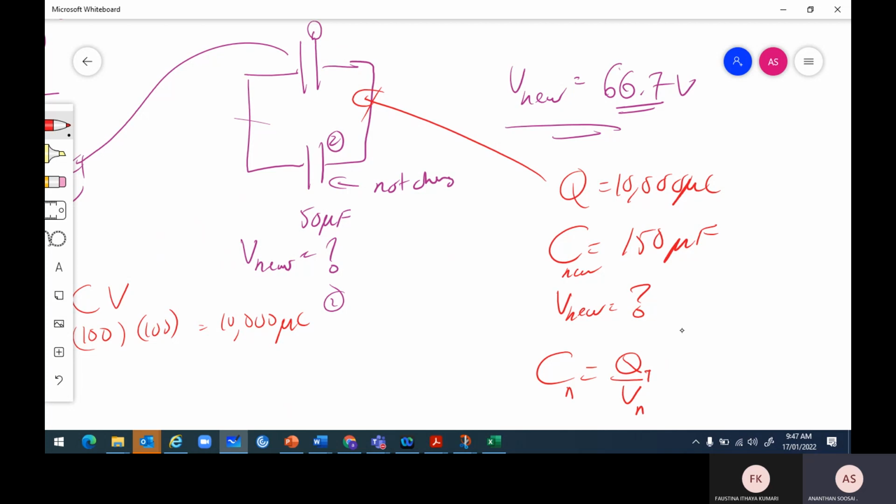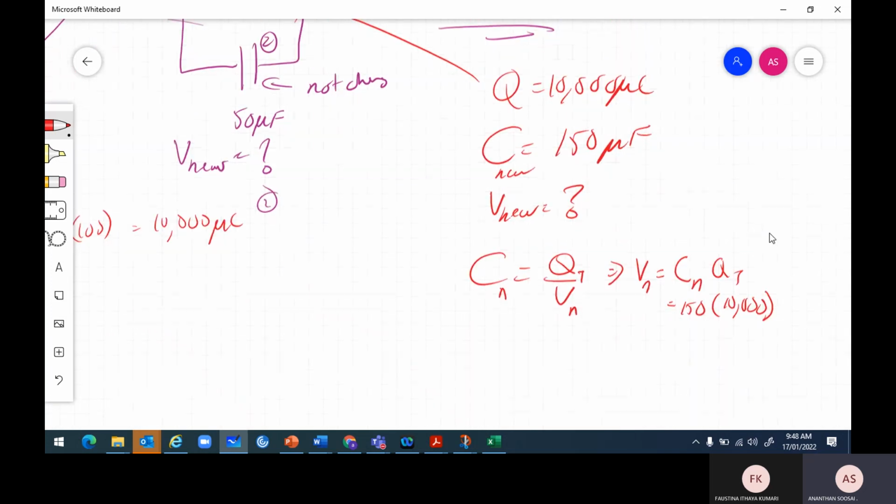Sorry, it's divide: V new is Q divided by C. So 10,000 divided by 150.